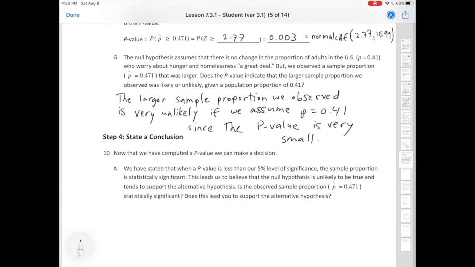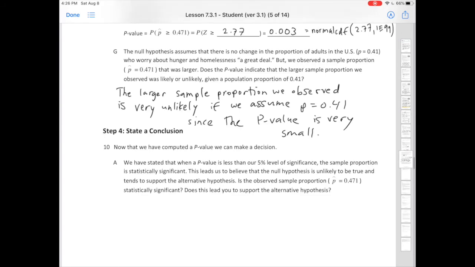And we're going to go into this more in the next step because we need to state our conclusion, okay? So we also need to think about the level of significance that we care about, okay?